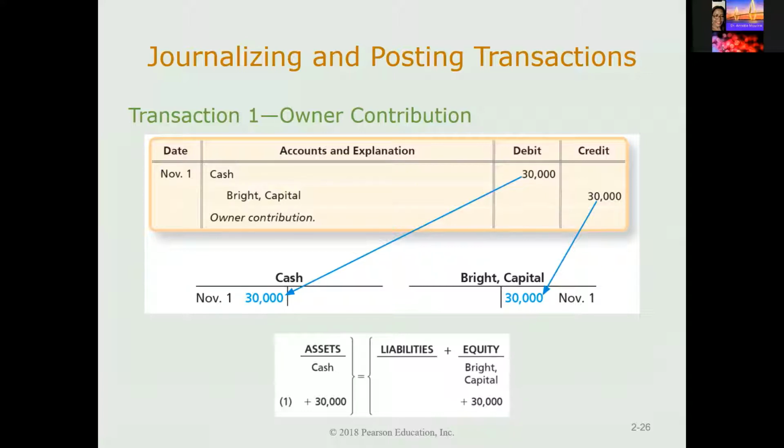In step 5, the next step is to determine if the accounting equation is in balance. As you can see here, you have the two accounts, cash and capital, and you'll see that it is in balance.